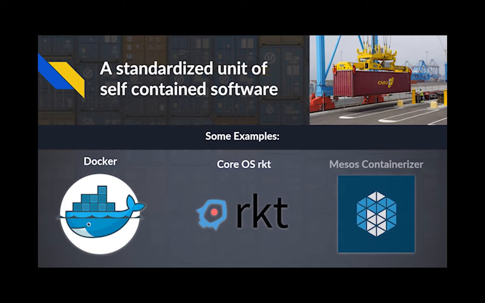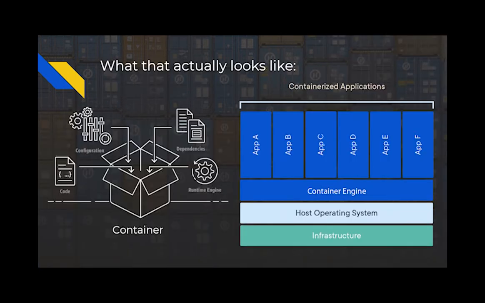So what exactly does a container look like? Well, an individual container has within it its own code, as you might expect, but it also includes any dependencies, libraries that would need to go with it, its own runtime engine, and its configuration options. The point of all that is so that, as you can see from this containerized application diagram here, you only need the infrastructure and the host operating system.